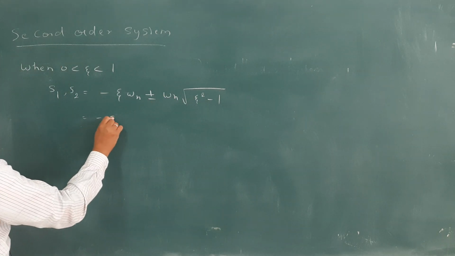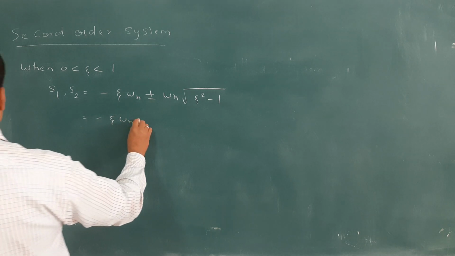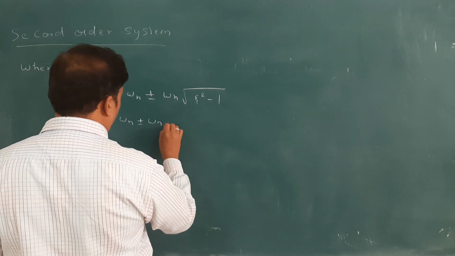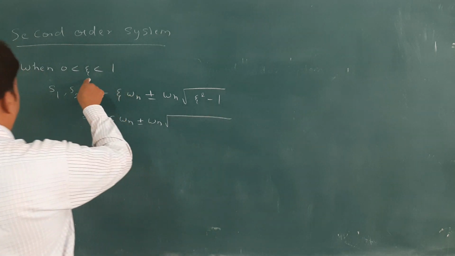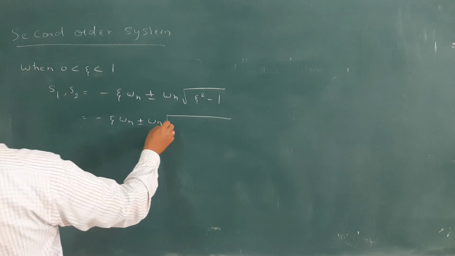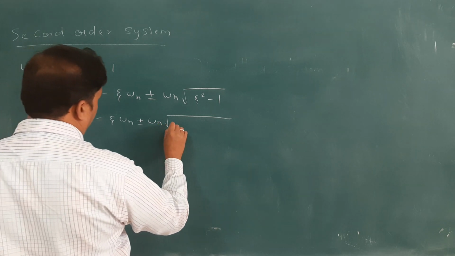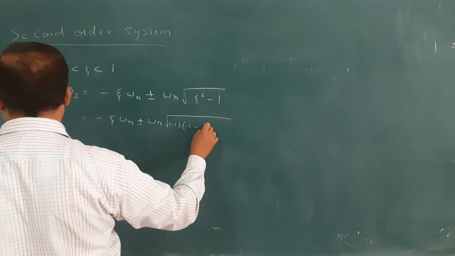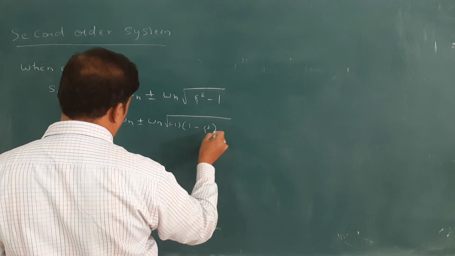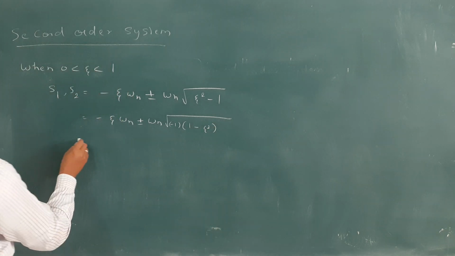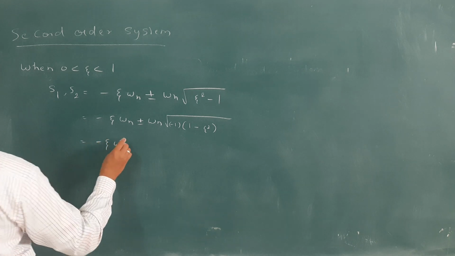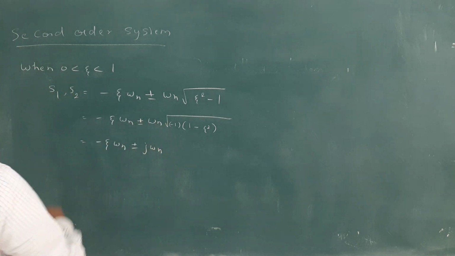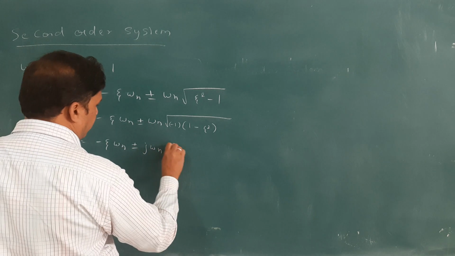That equals minus zeta omega n plus or minus omega n into square root of minus 1 common into 1 minus zeta square, because zeta is between 0 and 1. That is equal to minus zeta omega n plus or minus j omega n into square root of 1 minus zeta square.